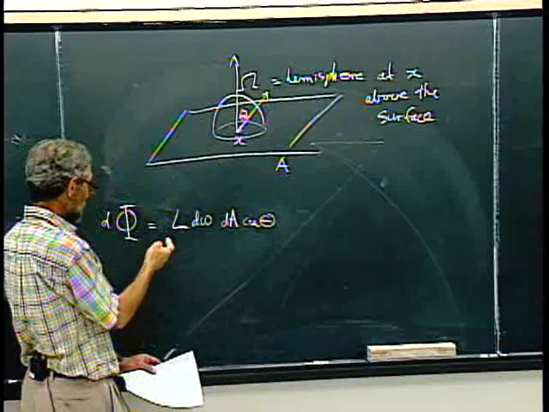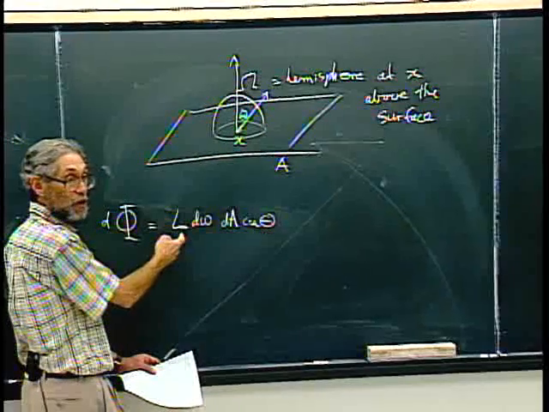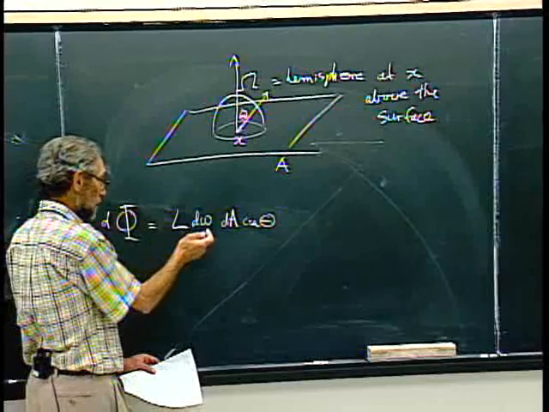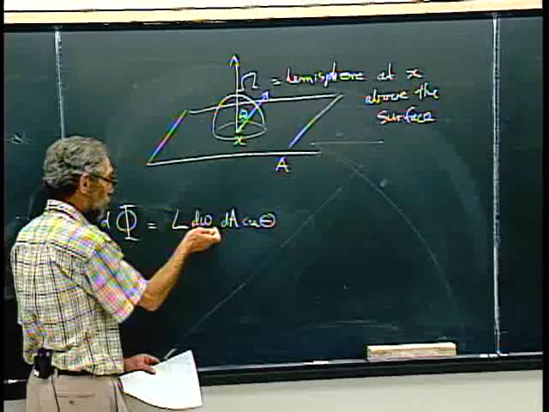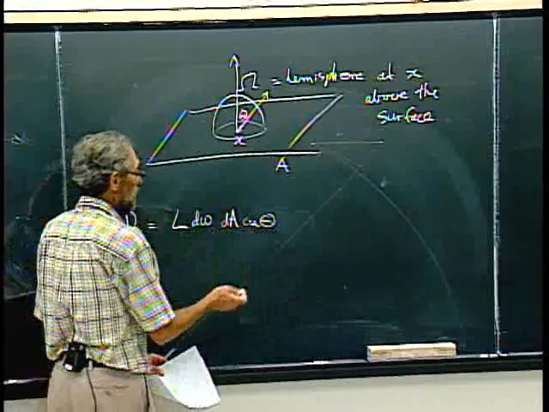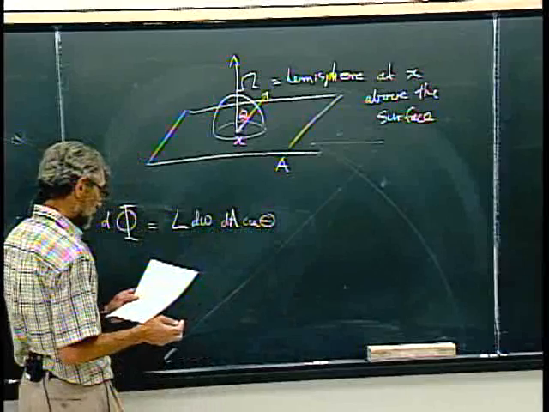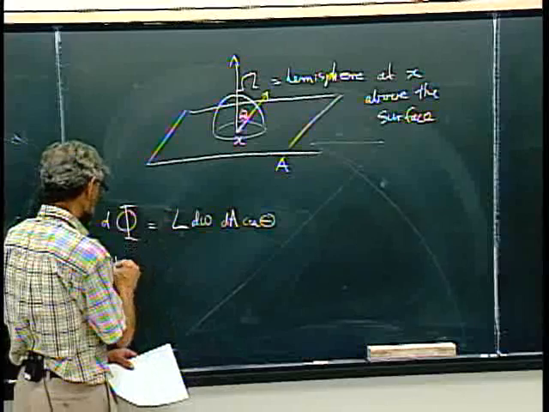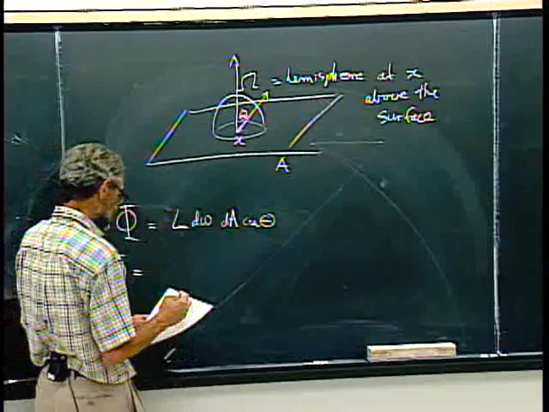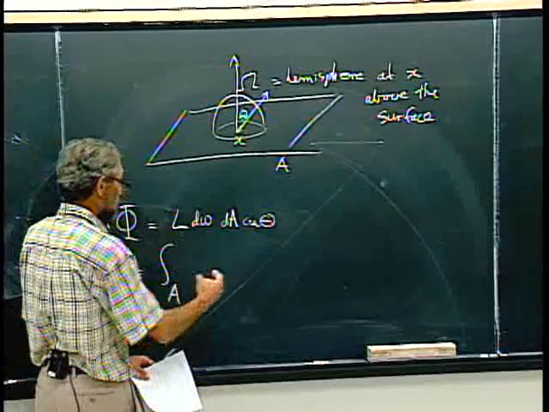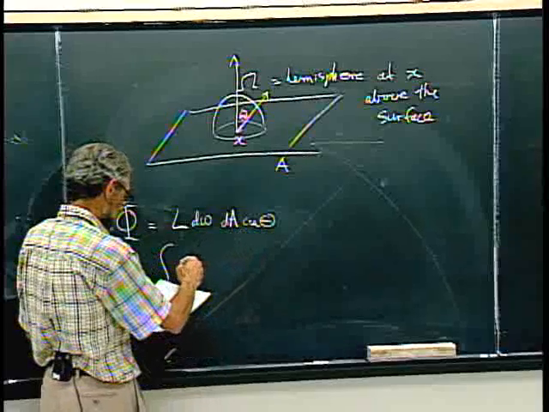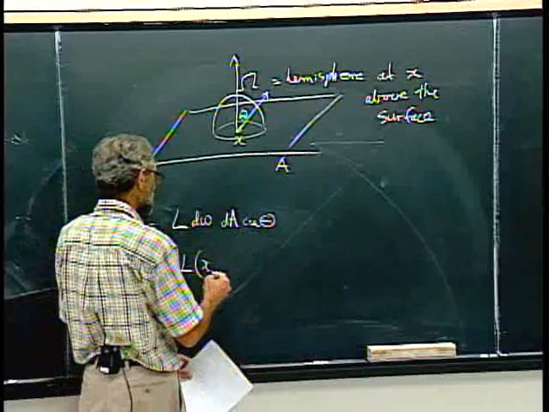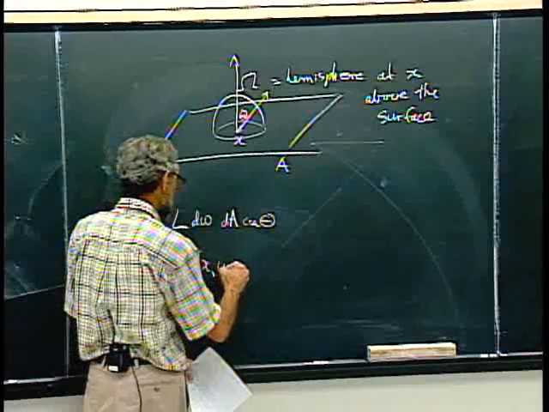So this formula was the definition of radiance, but now I'm turning around saying if I know the radiance, and I know a piece of small solid angle and a piece of small surface, then I can get the flux. So the total flux hitting the surface is the integral over the surface for the dA part times the radiance, and the radiance depends on the position and this angle.